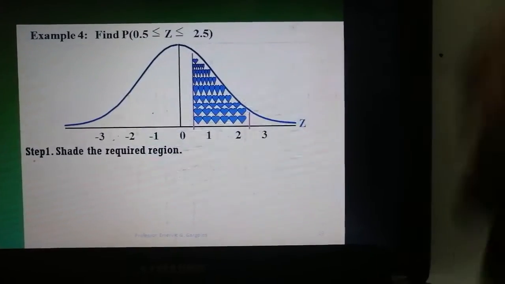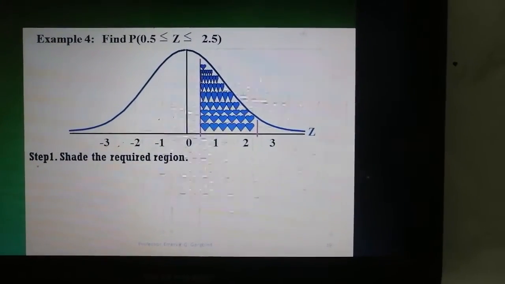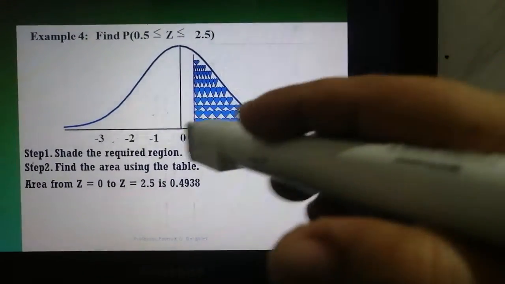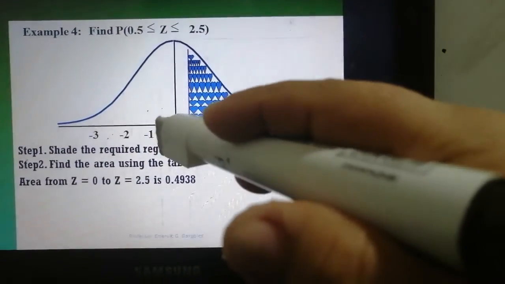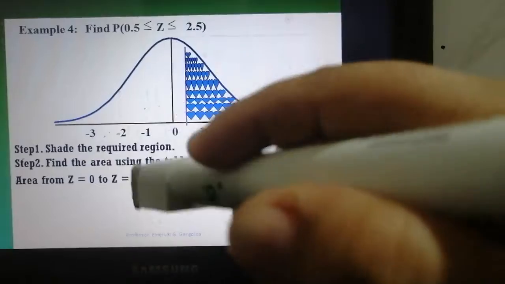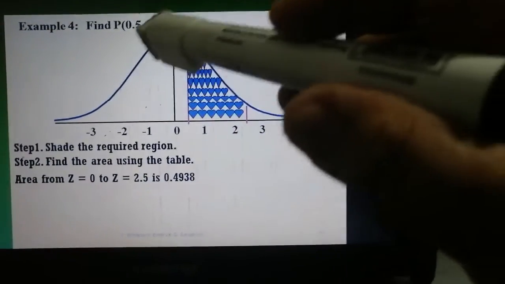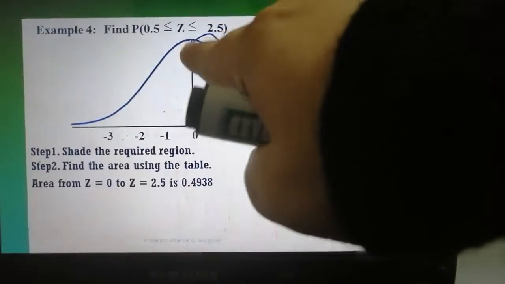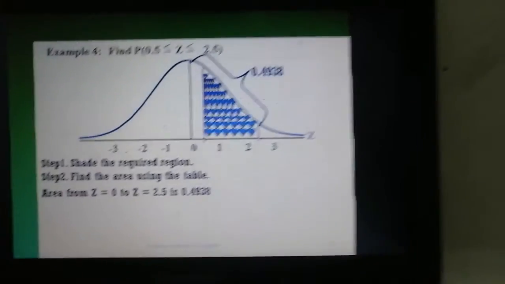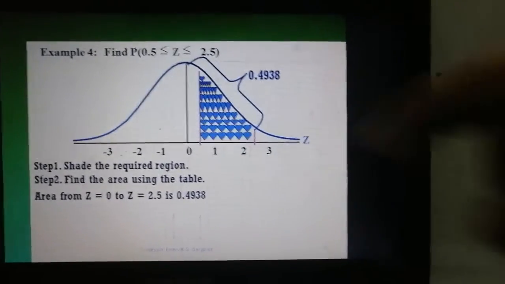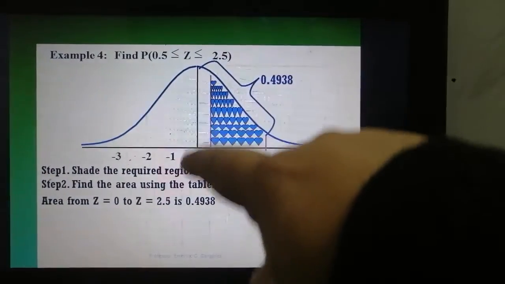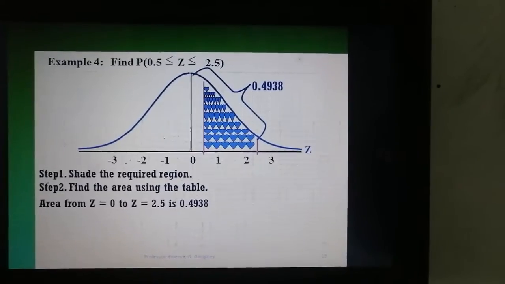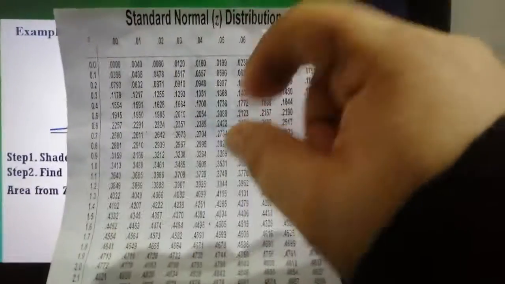This is 0.4938, but there's a part of it that we do not need, and that part is the area from 0 to 0.5. So let's look for the area from 0 to 0.5.